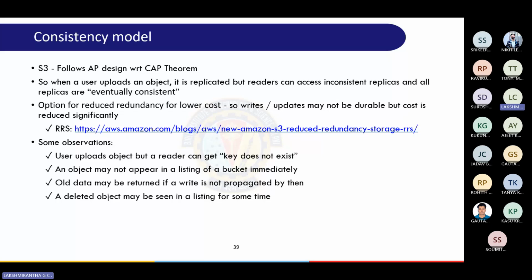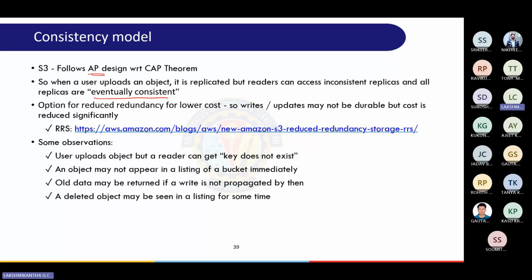Guys, S3 follows AP design with respect to the CAP theorem. So remember, AP means what, guys? It prioritizes two things, right? A means availability and P means partition tolerance over strong consistency. Correct? And one more point I have mentioned here, eventual consistency.